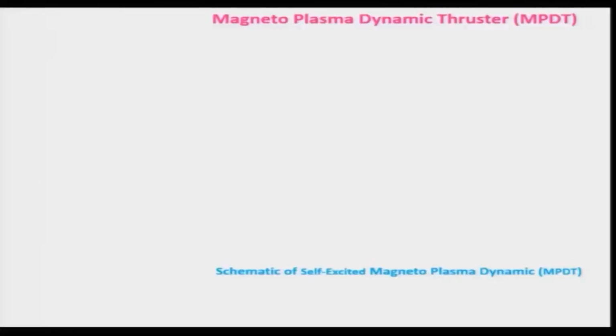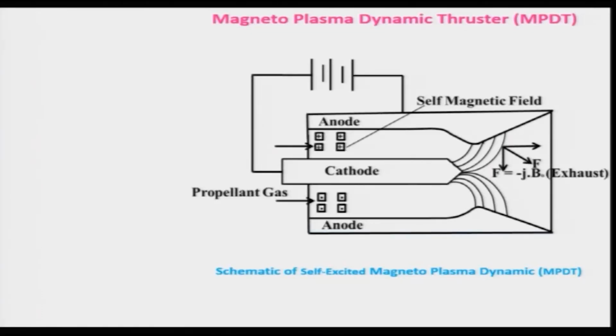So, let us look at the magnetoplasmadynamic thruster, and we will look at a schematic of a typical self excited magnetoplasmadynamic thruster shown here. In this case, the high voltage or electrical power is connected to the cathode and anode. Keep in mind, there has to be a gap between the cathode and anode. This is known as the gap, and it should be maintained properly.